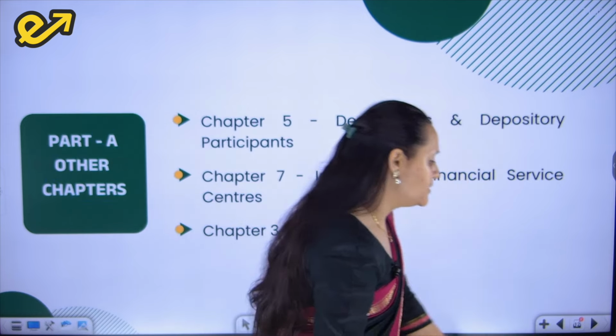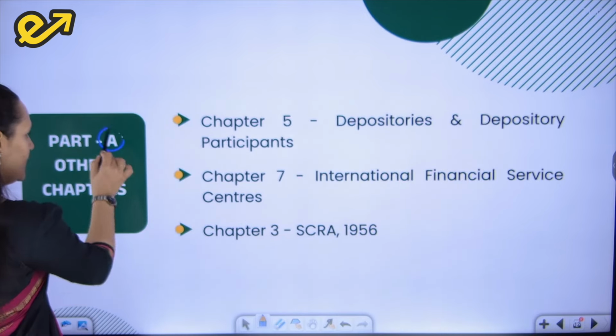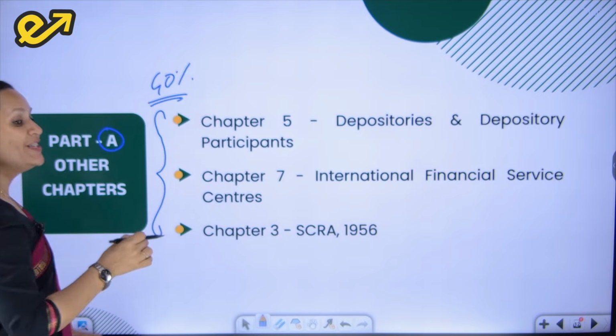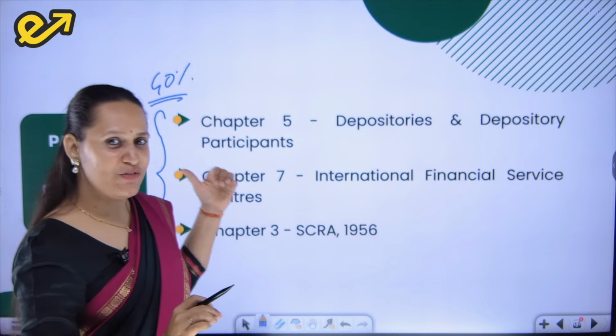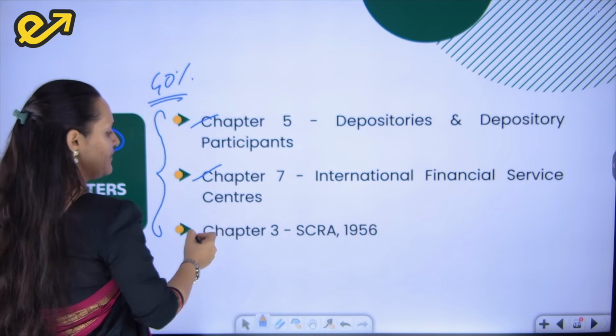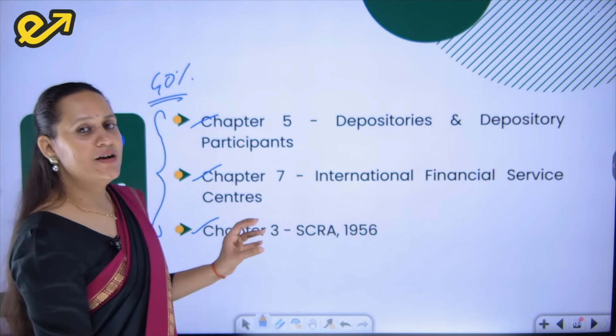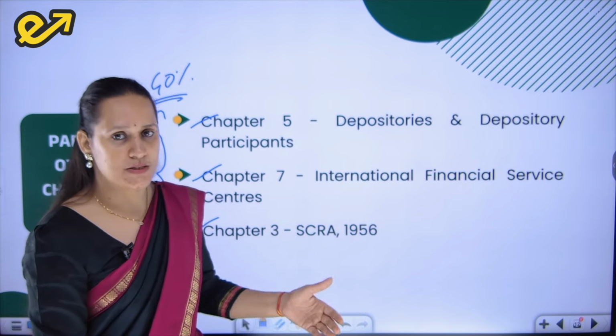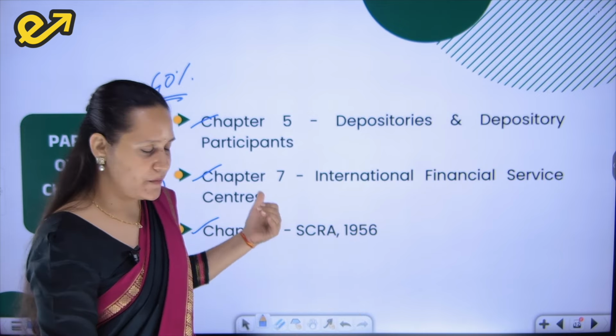Other chapters from part A, this comes under the 40% of the remaining syllabus which you have to study, but after completing the first initial 4 chapters: Chapter 5, Chapter 7 and Chapter 3. These are the other, remaining chapters that you have to focus on afterwards, after completing the initial 4 chapters.